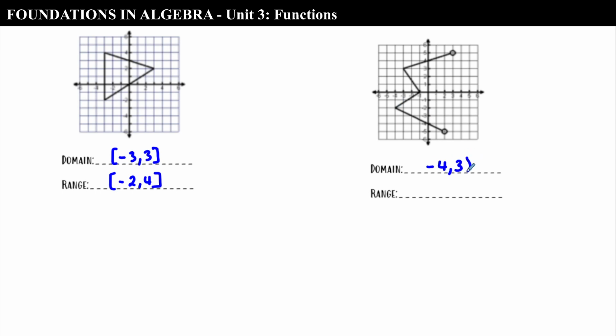We do not include the 3, but we do include the negative 4. And then in our range, we go from negative 5 to positive 5. And because of the open dot on both ends, neither are included. All right, so that is with a finite domain and range on both ends.